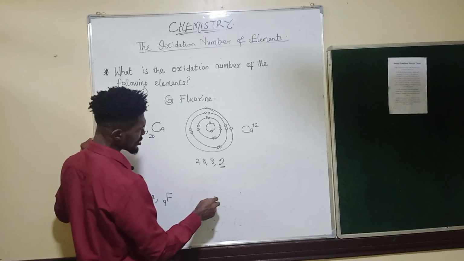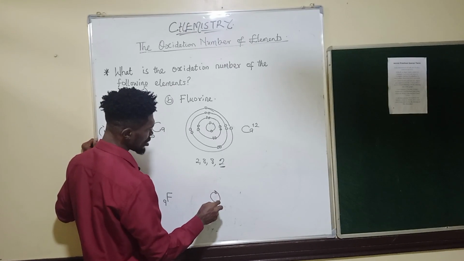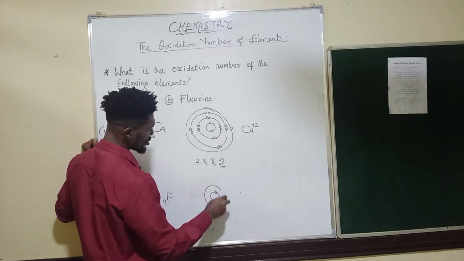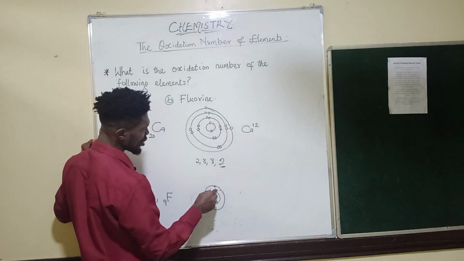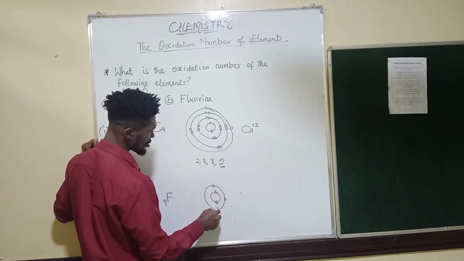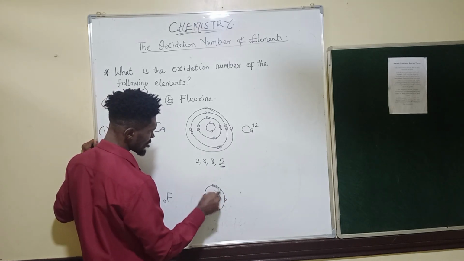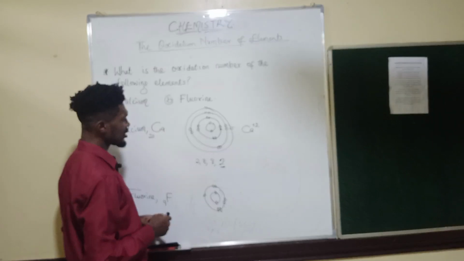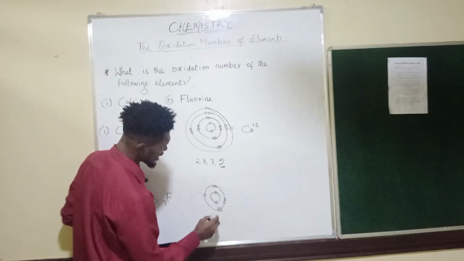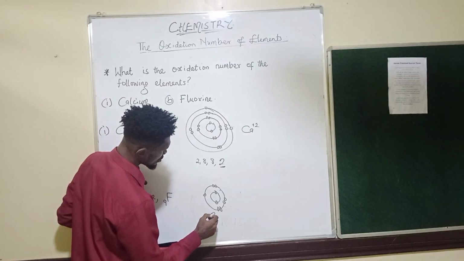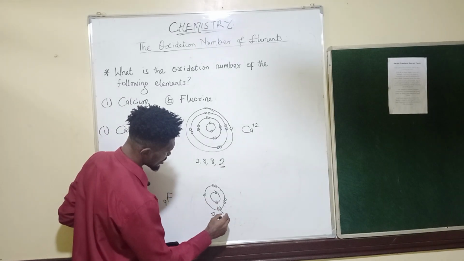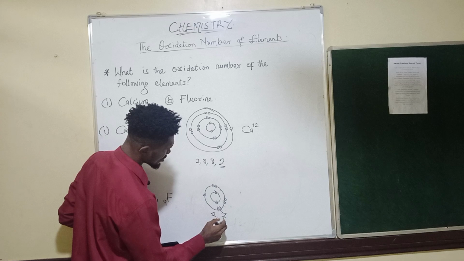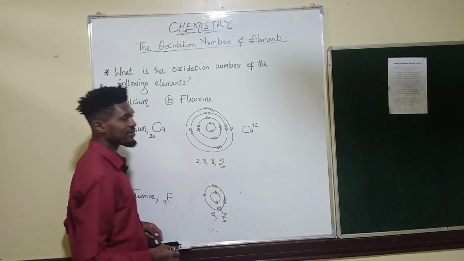So if we were to draw it, the first shell will take 2 as usual. Then 9 minus 2 is 7, so we have 7 outside. Okay? So we present it by what? 2 and 7. So it's in group 7.